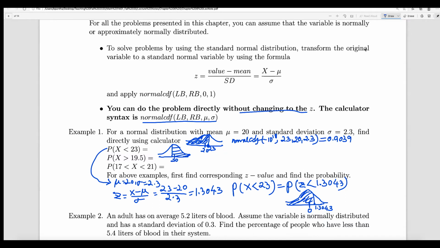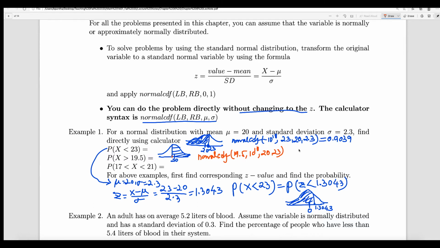The calculator syntax will be normal CDF, the left bound is 19.5, the right bound is 10 to the 10, and then 20 and 23. We used to use 0 and 1 if it was g, but we do not have g, we have x here.